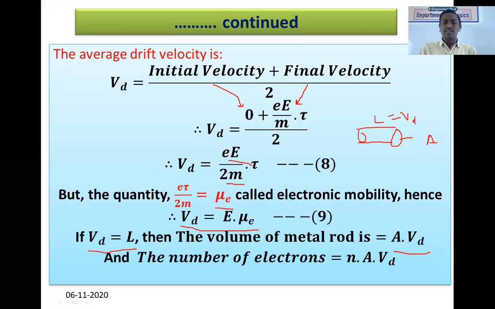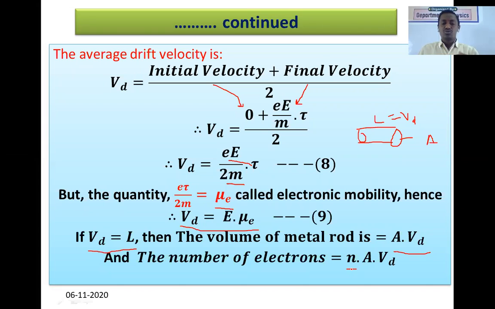Small n is the number of electrons per unit volume, that is, in 1 meter cube or 1 centimeter cube, n electrons are present.